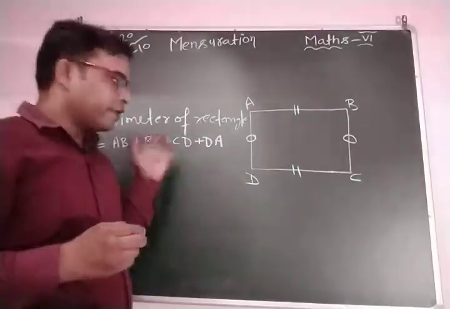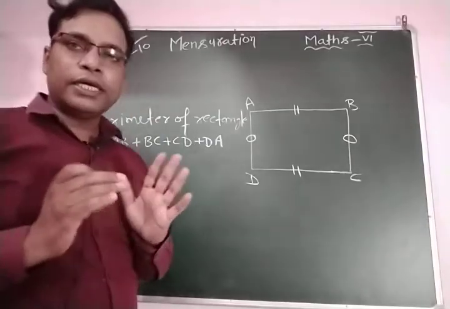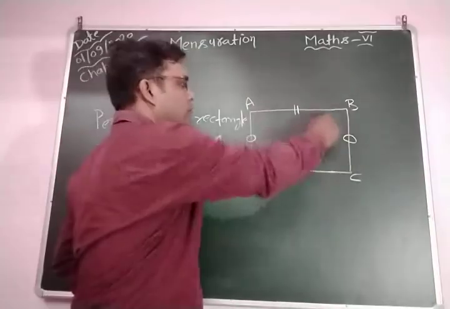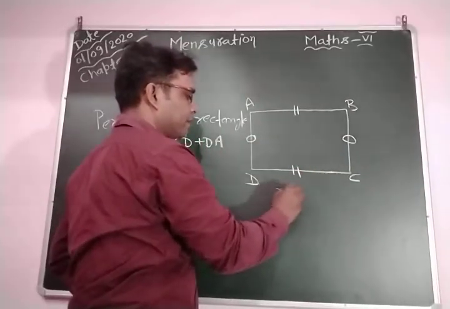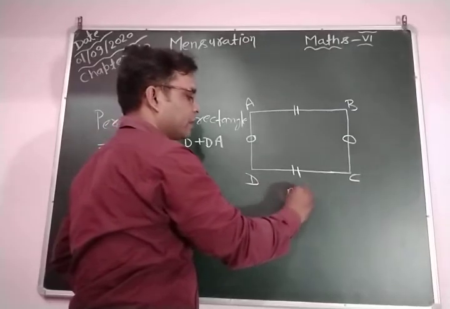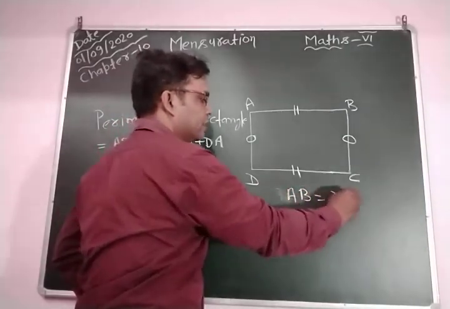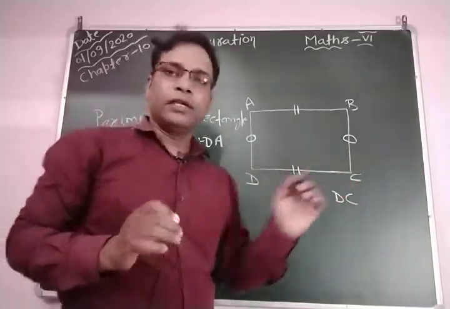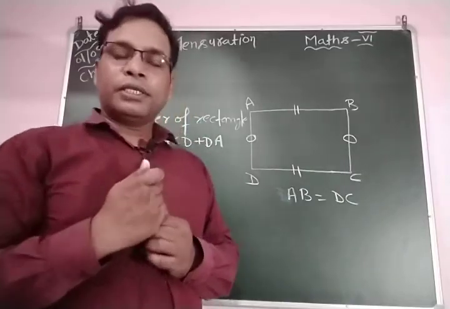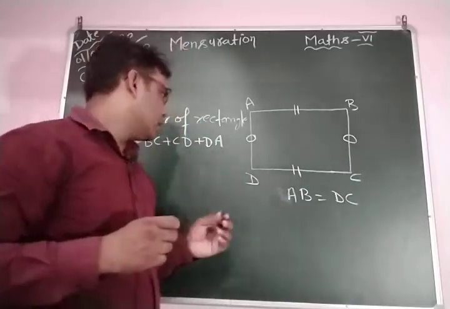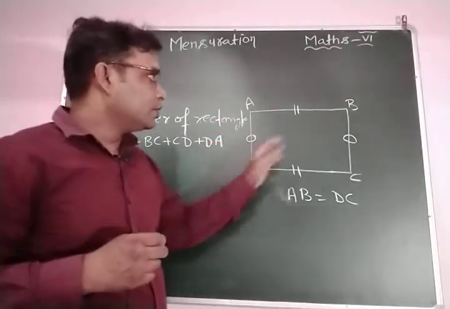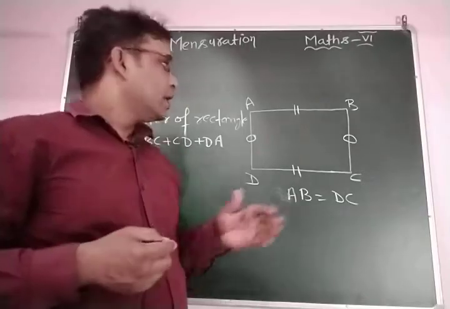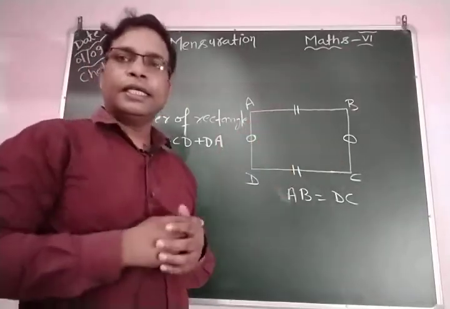According to the properties of rectangles, opposite sides are equal. It means AB is equal to DC. CD or DC are both the same length, but the direction is different. And AD is equal to BC.